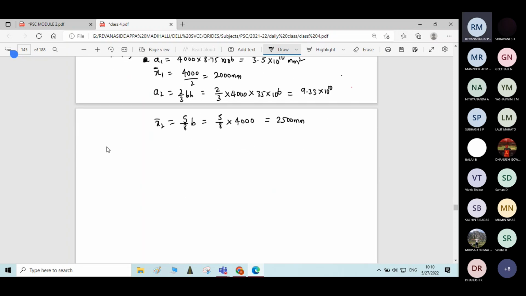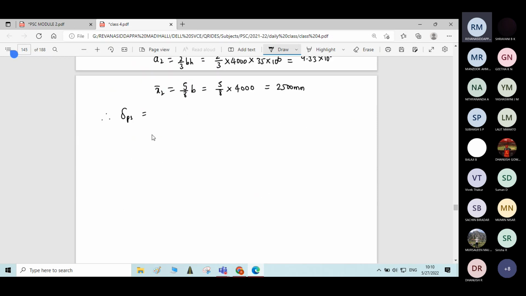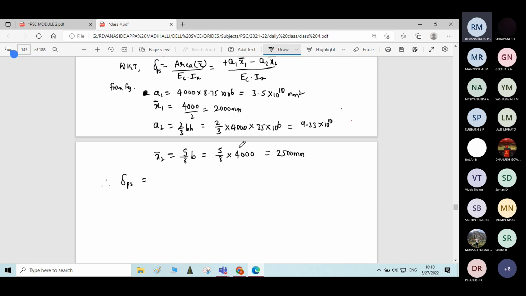Therefore delta PS is equal to 1 by EC into IX, A1 x1 bar, A1 is 3.5 into 10 power 10 into x1 bar 2000, then minus A2 x2 bar, 9.33 into 10 power 10 into x2 bar 2500, whole divided by EC into IX.